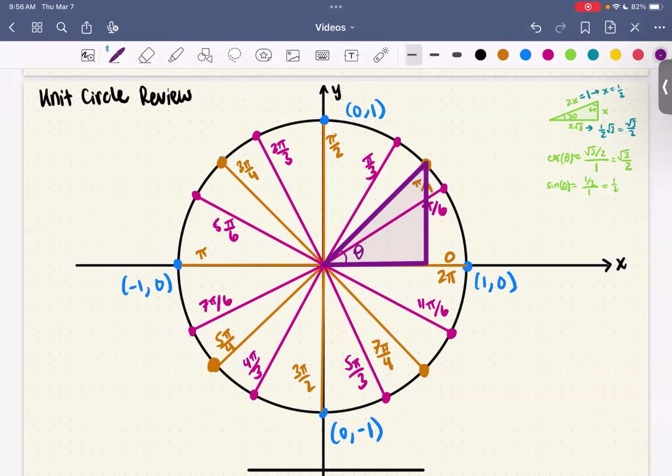Now, for a 45, 45, 90 triangle, remember I said that the shorter side is always opposite the shorter angle? Well, these two angles are the same. They're both 45 degrees. So the sides opposite them are also equal to each other. I'll make it a bit larger.